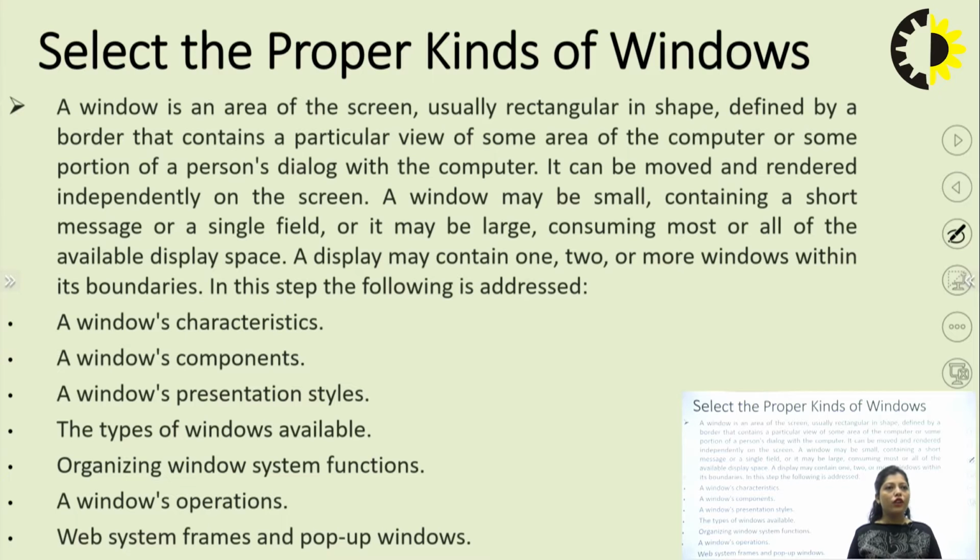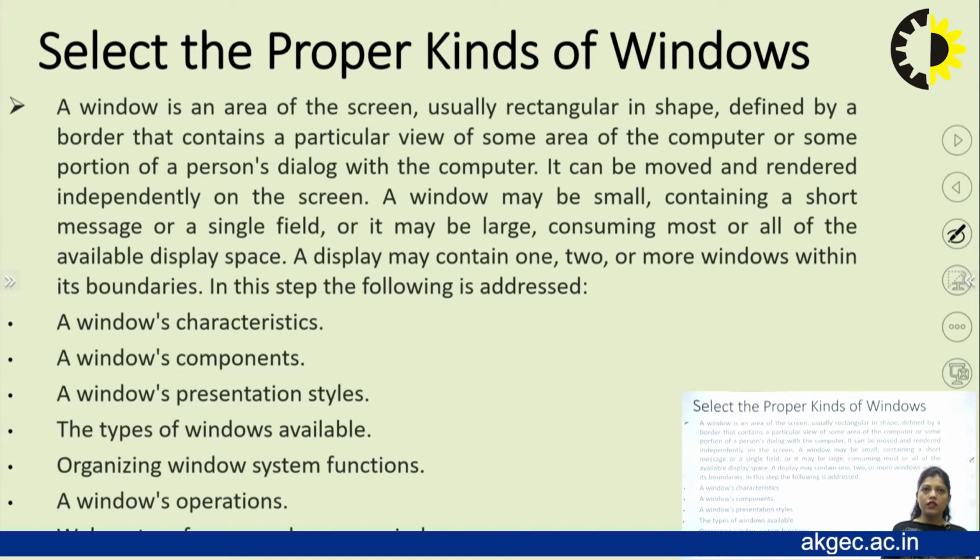For the types of windows available, there are basically two types: first is the primary window and second is the secondary window. There are also modal and modeless windows, and cascading and unfolding windows. These are all the types of windows which are available. Next is organizing window system functions, meaning how to organize a window.